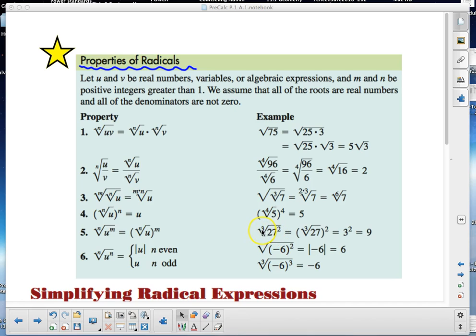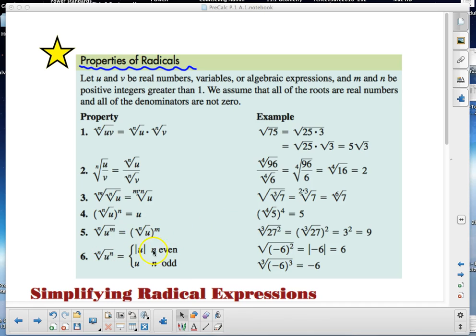If I take the cubic root of 27 squared, I can bring that out and say the cubic root of 27, and then I can square it. And so the cubic root of 27 is 3. I can square 3 and get 9. And you'll find that doing it the other way works as well.